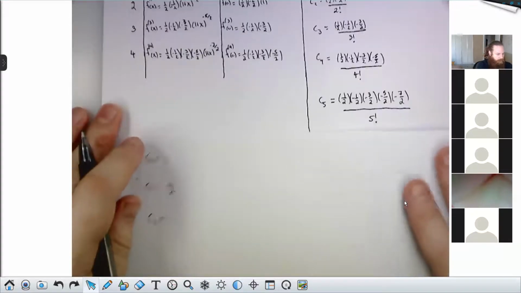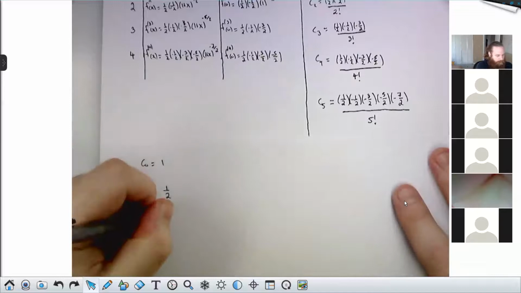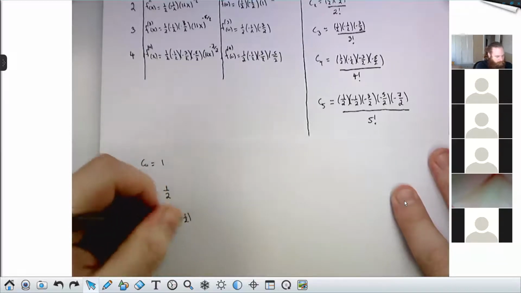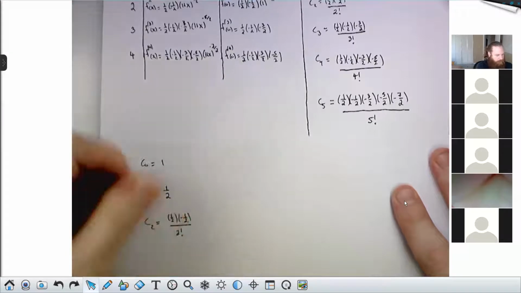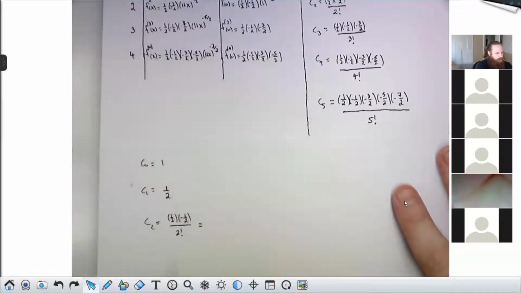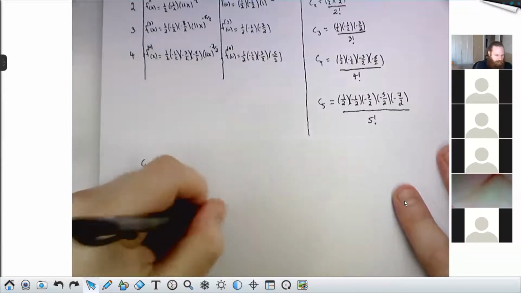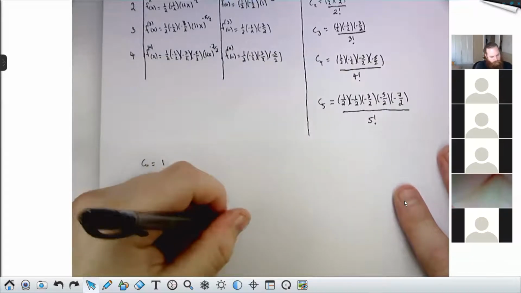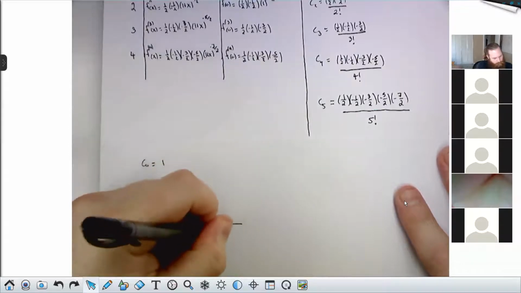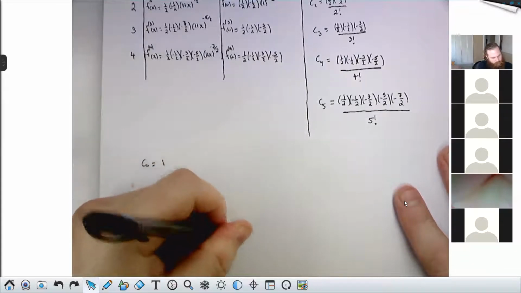C2 was 1/2 times negative 1/2 over 2 factorial. So what do we have there? Well, these 1/2s, I could bring those 2's downstairs. I can treat this as negative 1 over 2 to the 2 times 2 factorial.